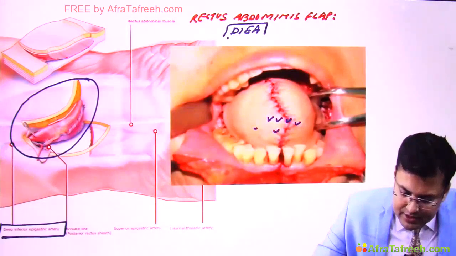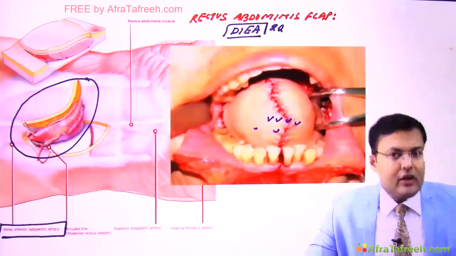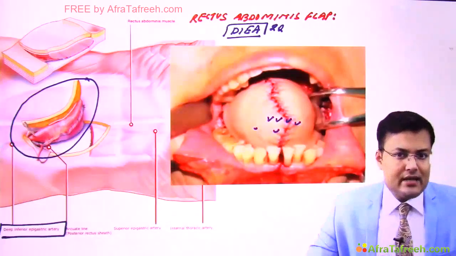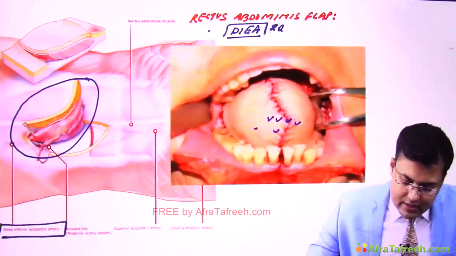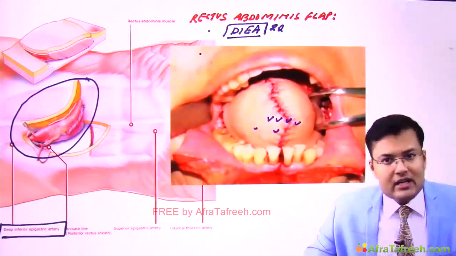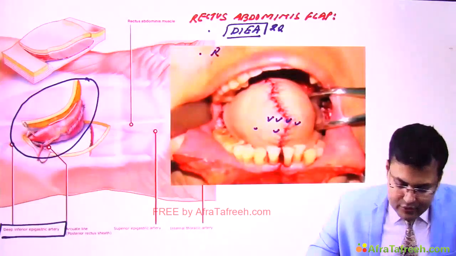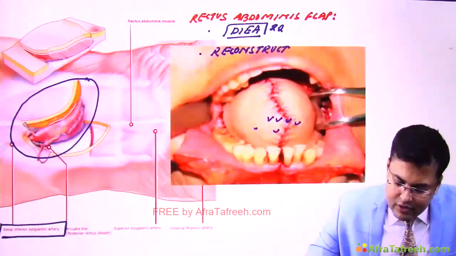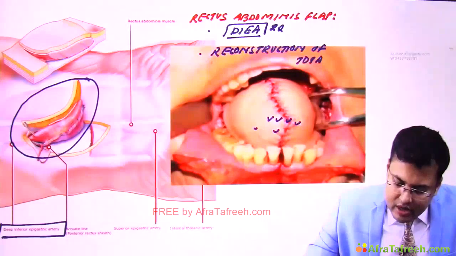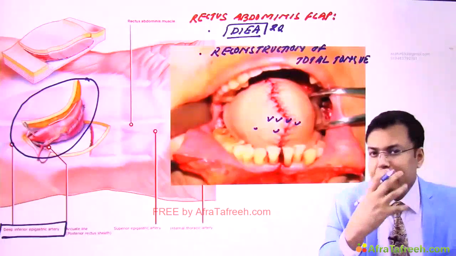First important question, it is based on deep inferior epigastric artery, and it is used for reconstruction of total tongue after glossectomy. Okay, so these are the common flaps which we use in the malignancy of oral cavity.